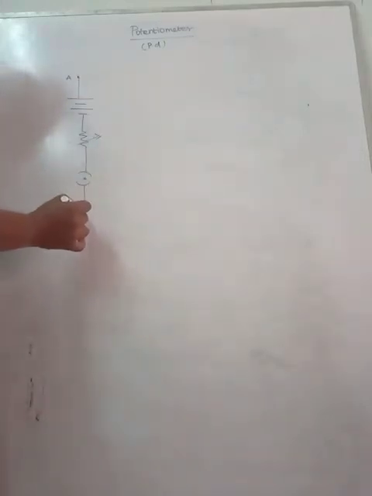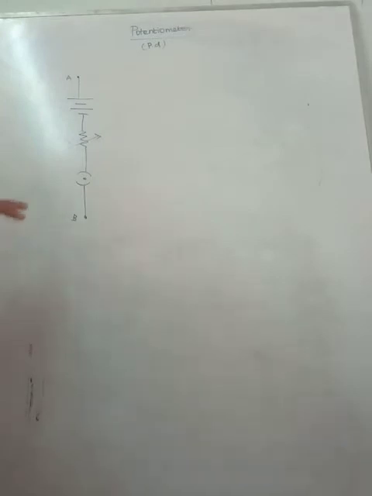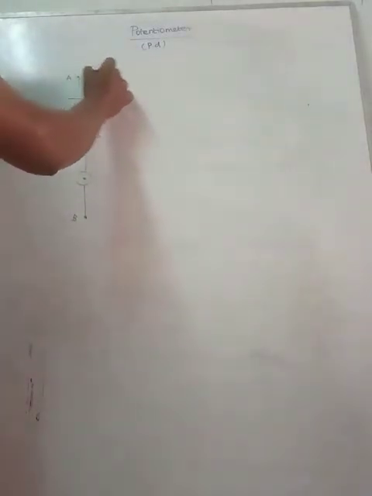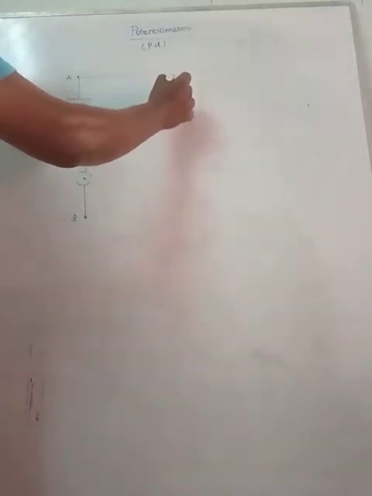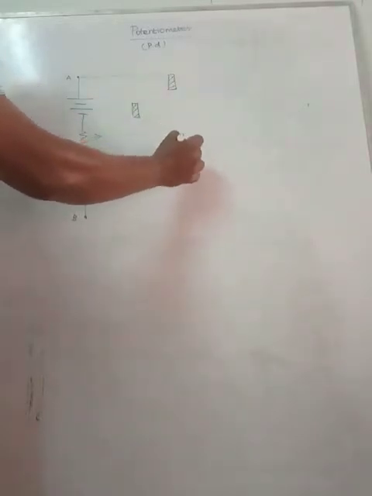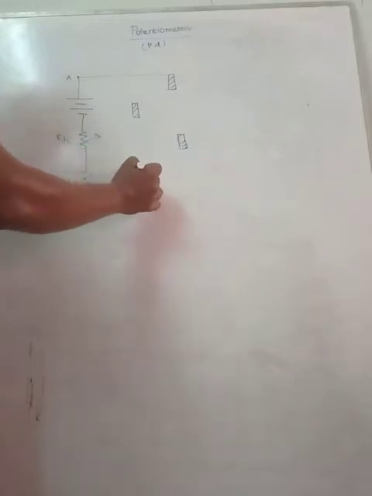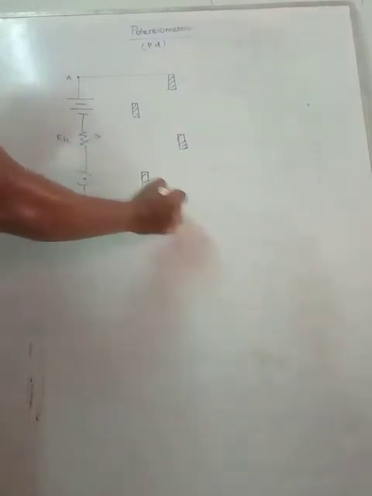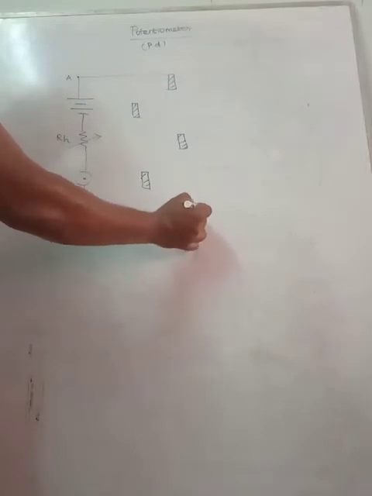These two terminals, you can take this as terminal A and this as terminal B. Across these terminals only the 10 meters of wire are connected. Here you can find copper strips, and here the second, third, fourth and fifth.